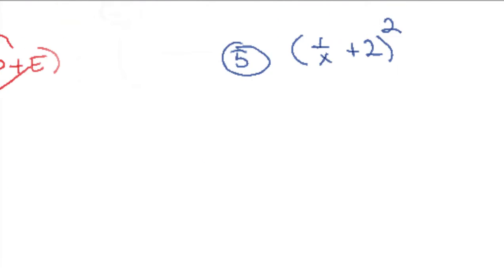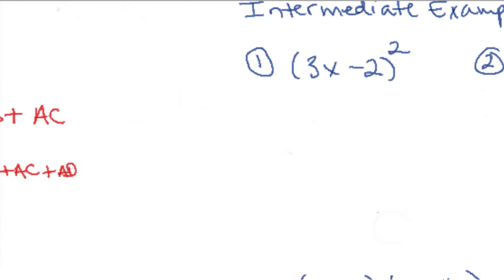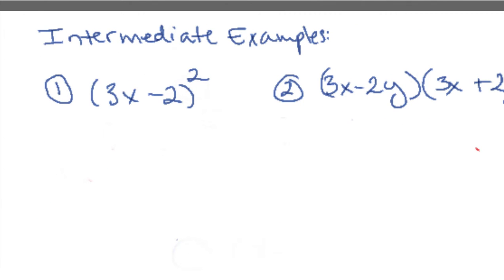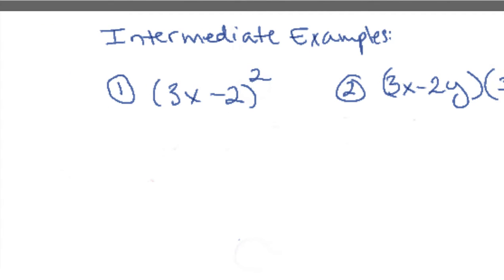So let's look here at this. If I were to just FOIL it out, I could do first, outer, inner, last, but let's do the shortcut method. You want to be efficient when you're doing these.